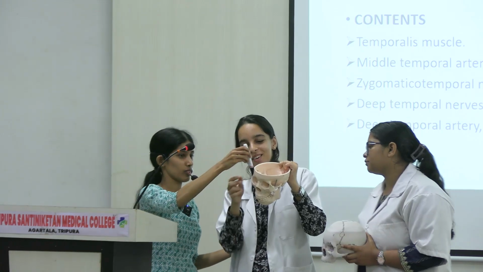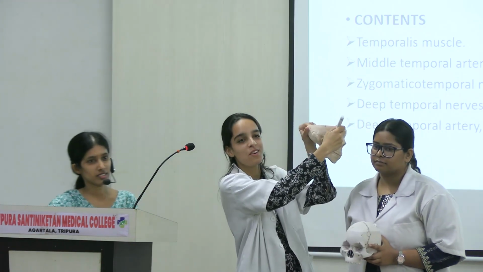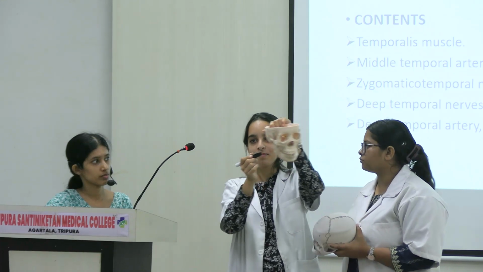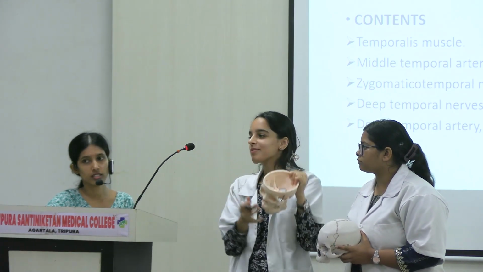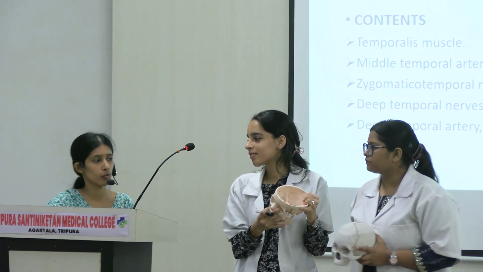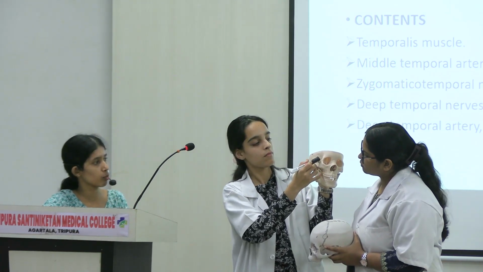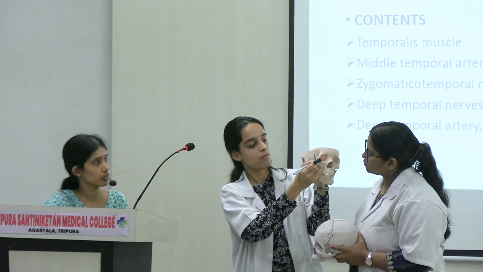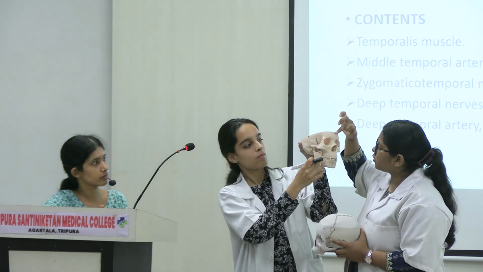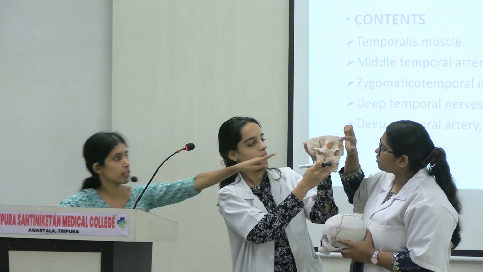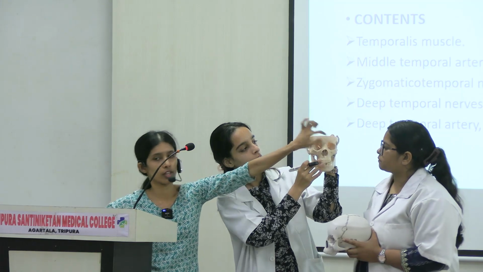This is the temporal fossa. Okay, that is the temporal fossa. What about the boundaries? Show them the boundaries. Anteriorly it is bounded by the zygomatic bone and frontal bone. You should help your friend. This is the zygomatic bone and this is the frontal bone.